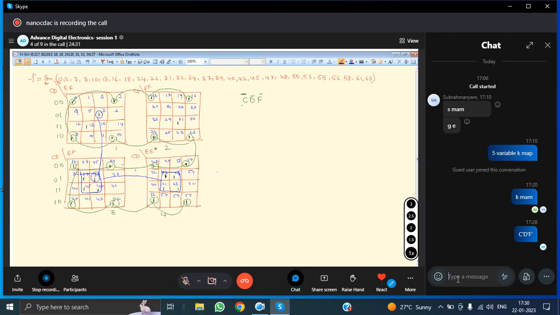Can you tell me the equation for this particular group? దీనికి ఈక్వేషన్ చెప్తారా? 0 0 1 1 1 0.